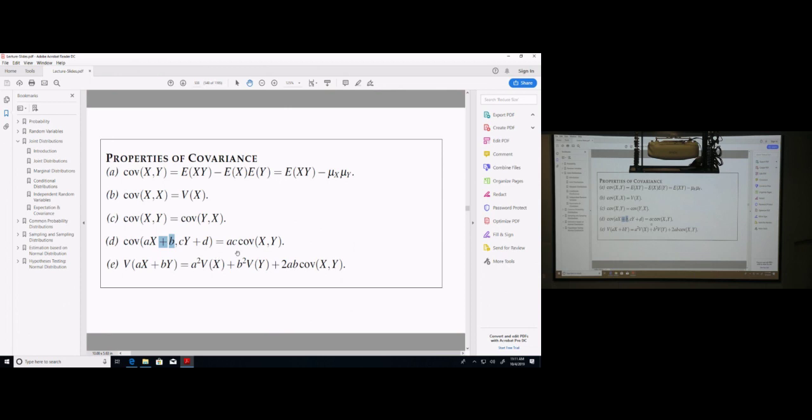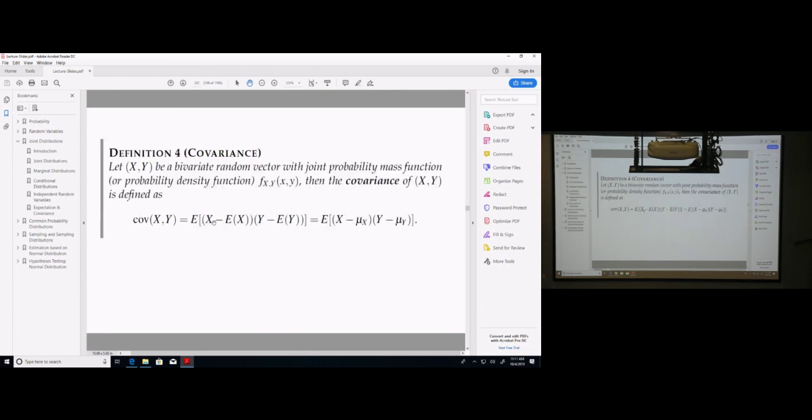So the scaling factor survives, but the choice of the origin, B and D, will be 0. It is because the definition here would be moved by B amount here, but the expectation will also be moved by another B amount. So it is actually cancelled right here. Is that all right?